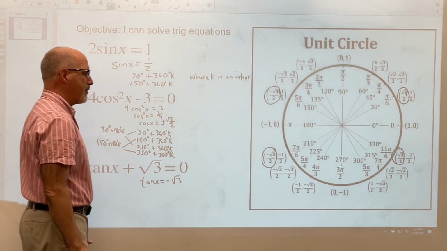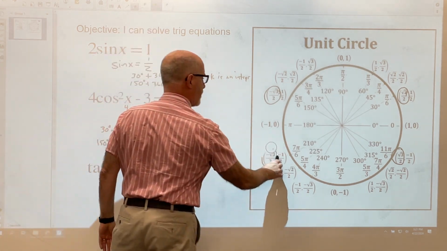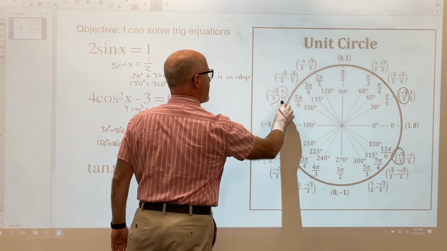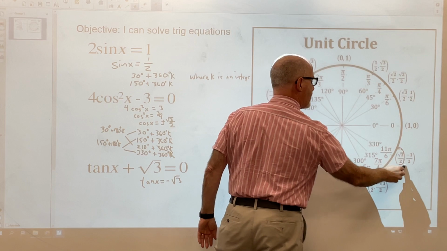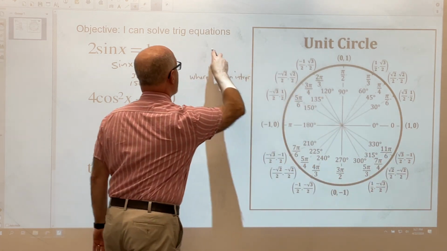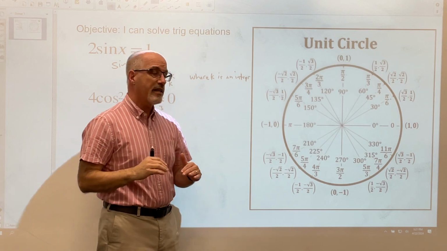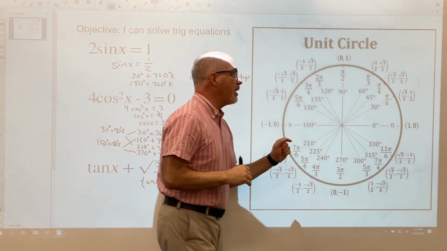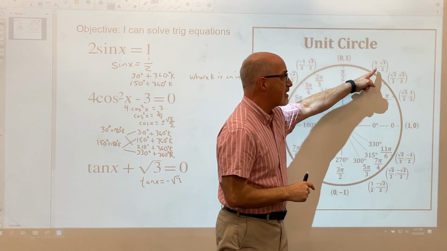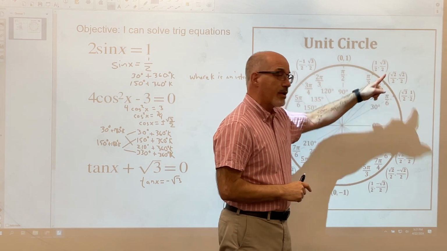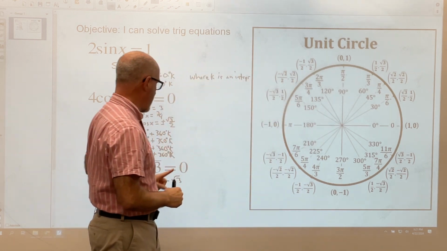Now you have to recall, when using our unit circle, the unit circle doesn't have tangent as values, but you do know that tangent is sine over cosine. And so if I were to put this sine, y value over the x, I would end up with square root of 3. Same thing here, only this one would be a negative square root of 3.